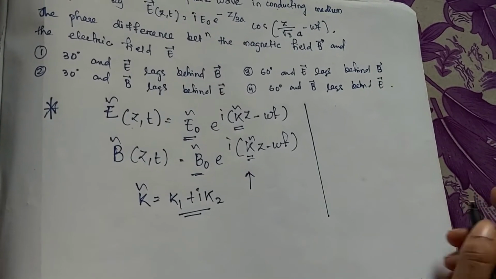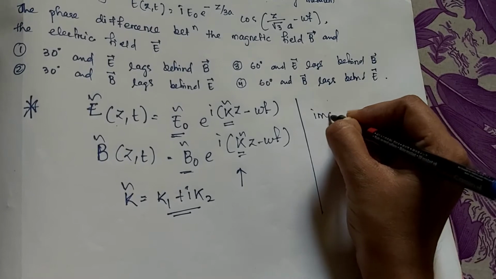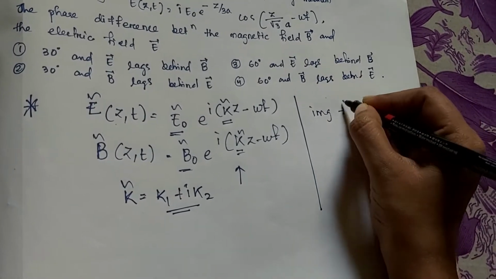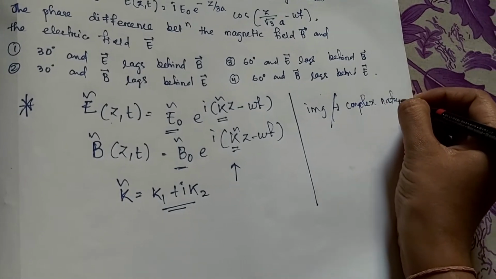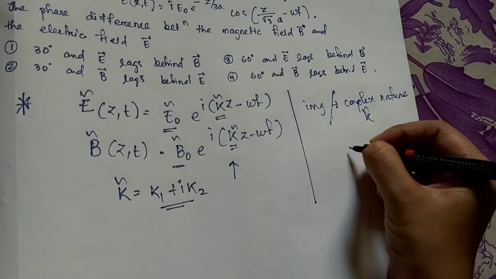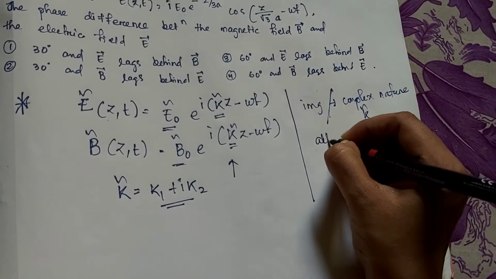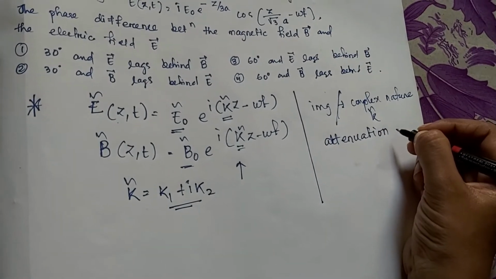Due to the imaginary part of the wave vector k, there is an attenuation of the electromagnetic wave.